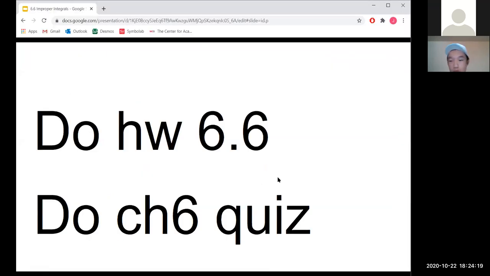On your free time, you can do homework 6.6 because we've finished this section. 6.6 is also the last subsection of chapter 6, so in your free time, also try doing the chapter 6 quiz. You probably noticed this, but I moved all the stuff on Lumen into one section so it wasn't confusing everyone. I finally figured out how to do that.